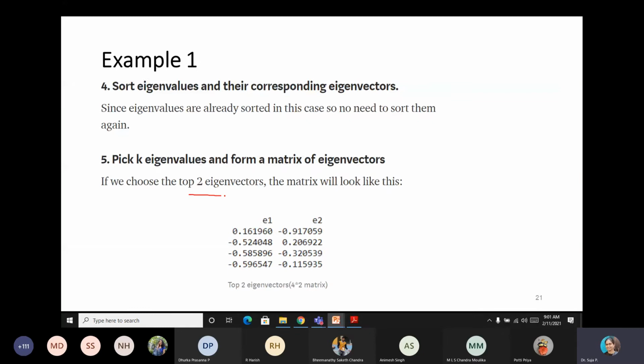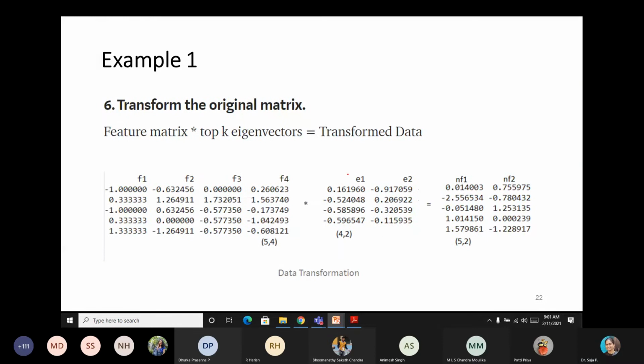Here we have taken the top 2 eigenvectors, and now we have to transform the data. These eigenvectors are the unit eigenvectors. Now you take the feature matrix, which is the 5 cross 4 original matrix after performing the standardization.